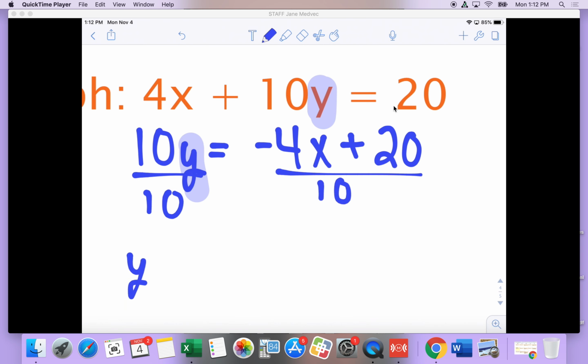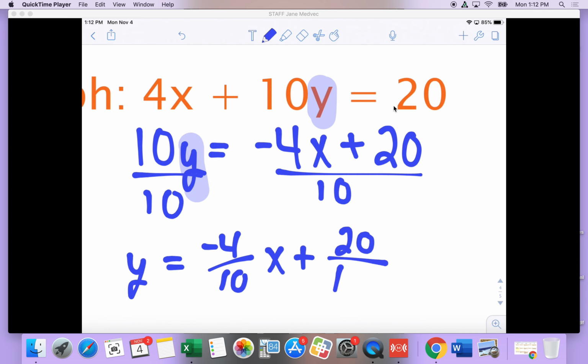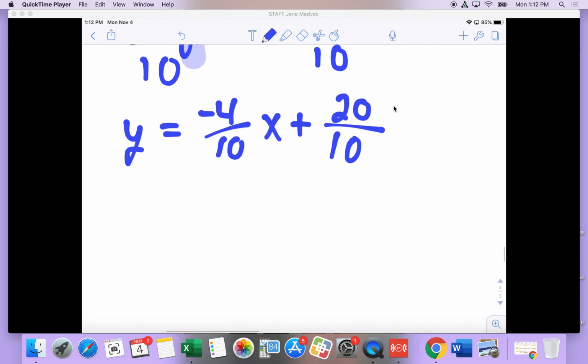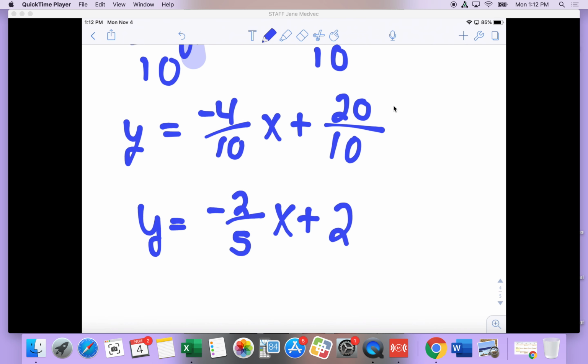So y equals negative 4/10 x plus 20 over 10. Do you remember the 10 is under both of those numbers, underneath the negative 4 and the 20. And then to reduce it, y equals negative 2/5 x plus 2.